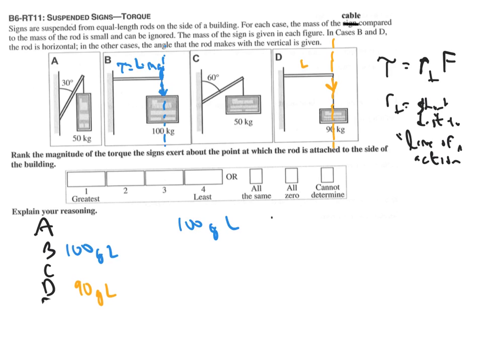And then if we look at the other two, they'll be a little bit more annoying, but not in any way impossible. If I look at case A, this is the force, so the line of action is this vertical side. And then I have to say the shortest distance is this side, which I'll call RA. And we can see, going over here, that we have length L here.